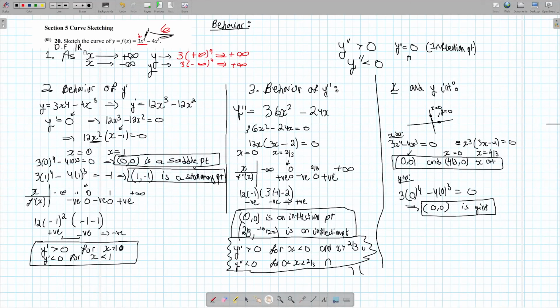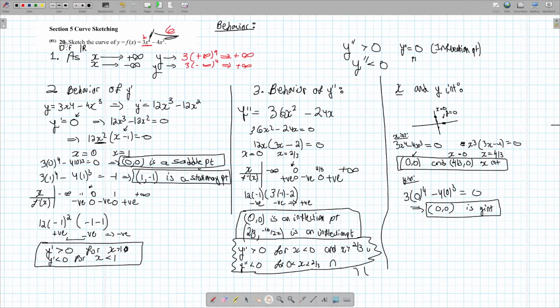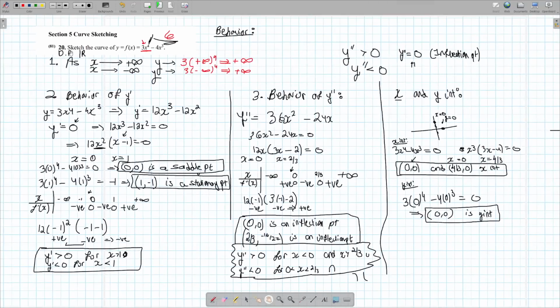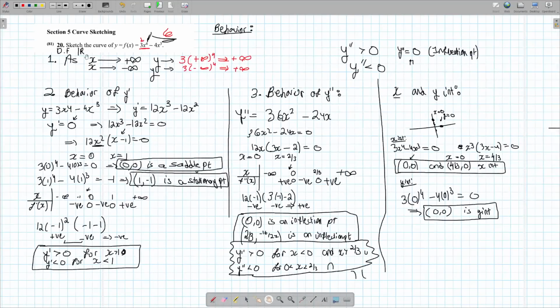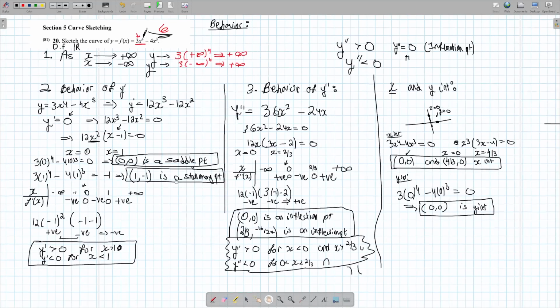In your exam, you start with the behavior. First thing you write is the domain of definition. Okay, start with your domain. Then check for any asymptotes. That's with the behavior. You'll see later. Then the behavior of y prime. Always the behavior of y prime. Fast, solve. You don't need to do what I did. I explained, so I took time. List your saddle points, your stationary points.